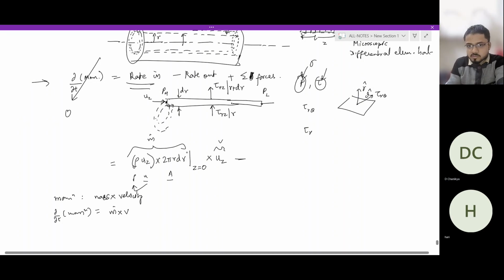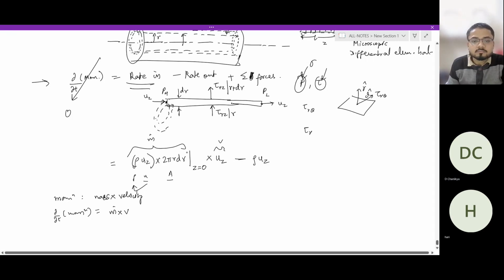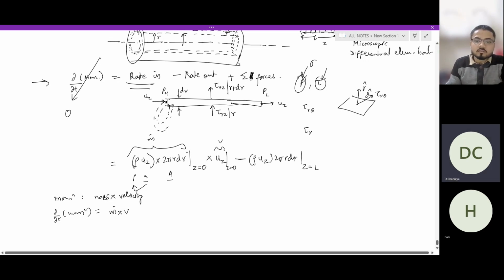Just check out this cross section. This is rho. Can you speak it out for me? Rho uz 2 pi r dr at z equal to L, into uz.